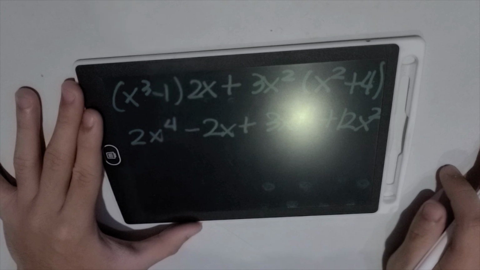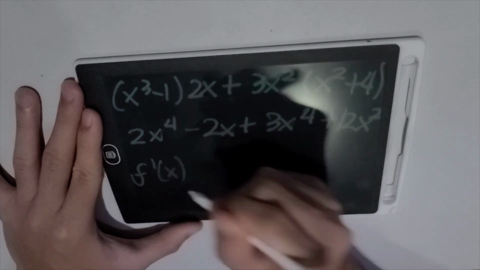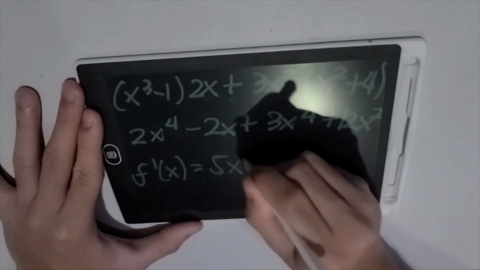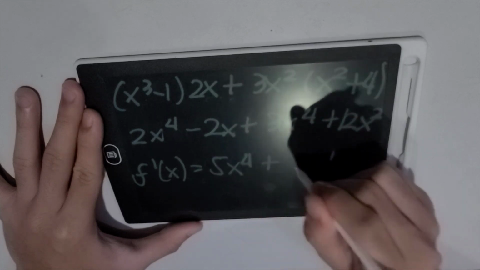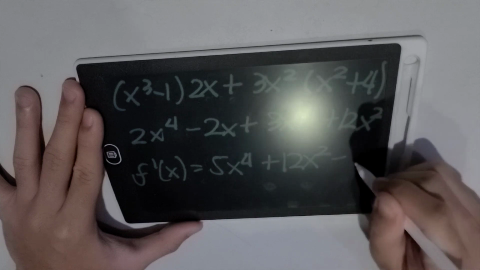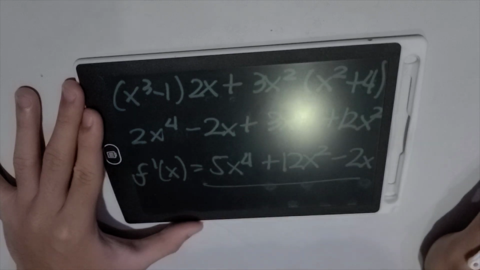That means we can combine them, which the answer will be f prime of x is equal to 5x raised to 4 plus 12x squared minus 2x. And this is our final answer.